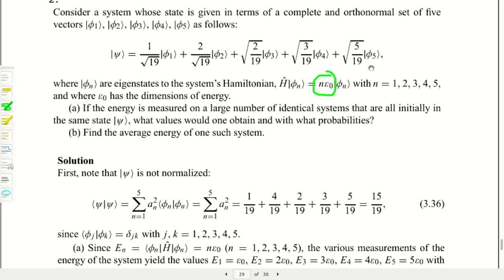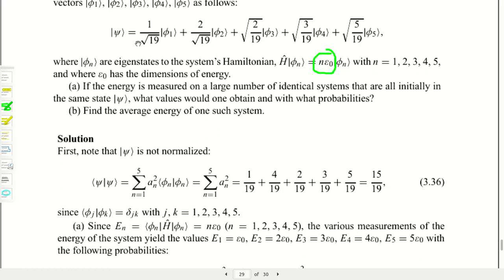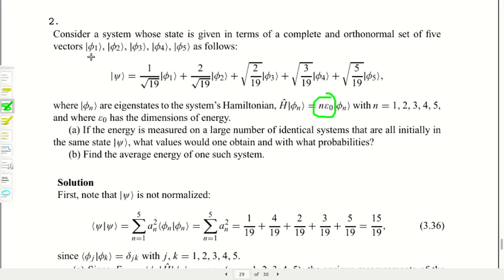And here we have taken 5 states: phi 1, phi 2, phi 3, phi 4, phi 5, with corresponding coefficients c1, c2, c3, c4, c5. So first check, as I have told, in the previous problem it was not checked whether the total wave function is normalized or not.